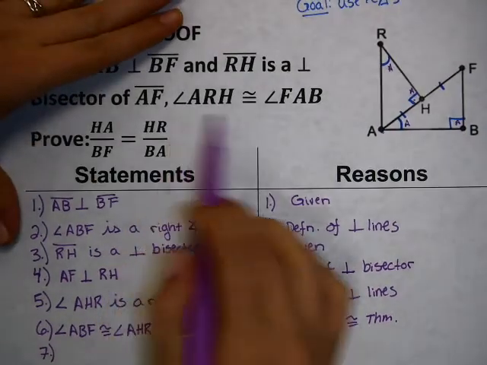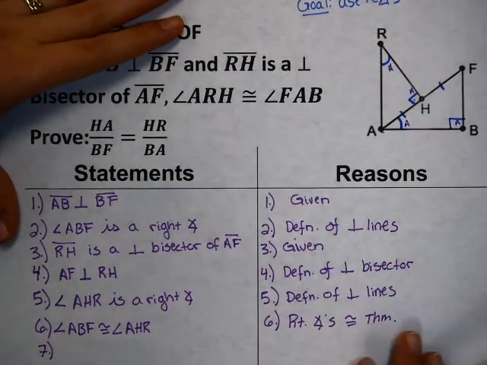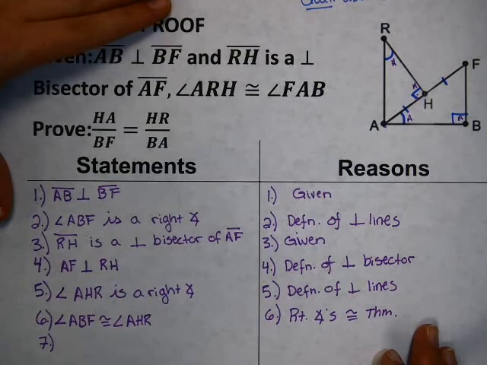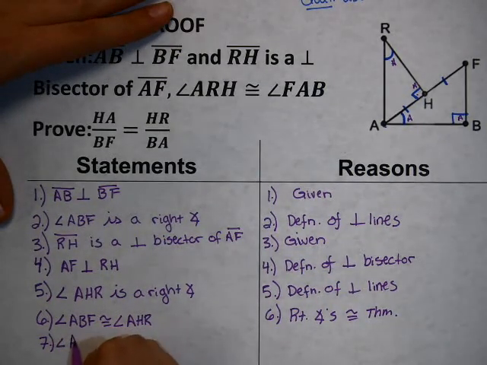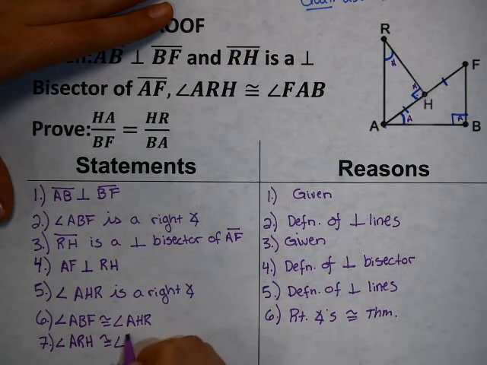All right, let's use our other given so we can say that they are similar triangles. So our other given is angle ARH is congruent to angle FAB.